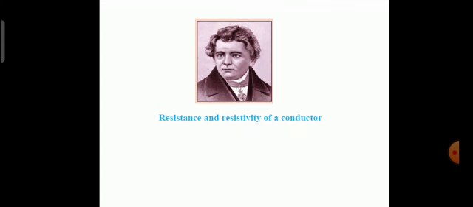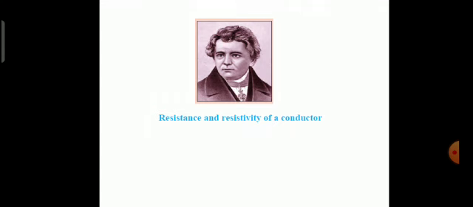But when a potential difference is applied between the two ends of the conductor, meaning the wire is connected to a battery, a cell, or a direct current source, then these electrons start moving from the end at a lower potential to the end at a higher potential. And this direction of motion of electrons actually causes the flow of current.